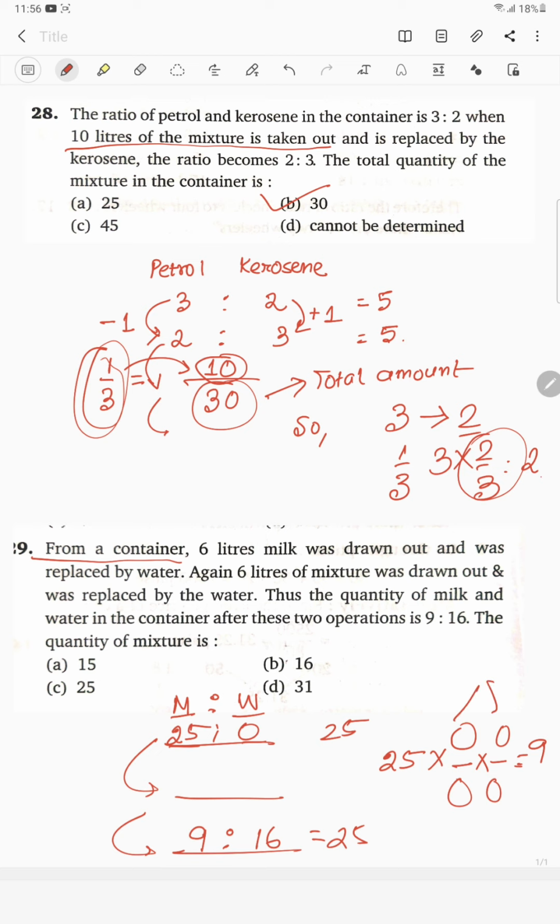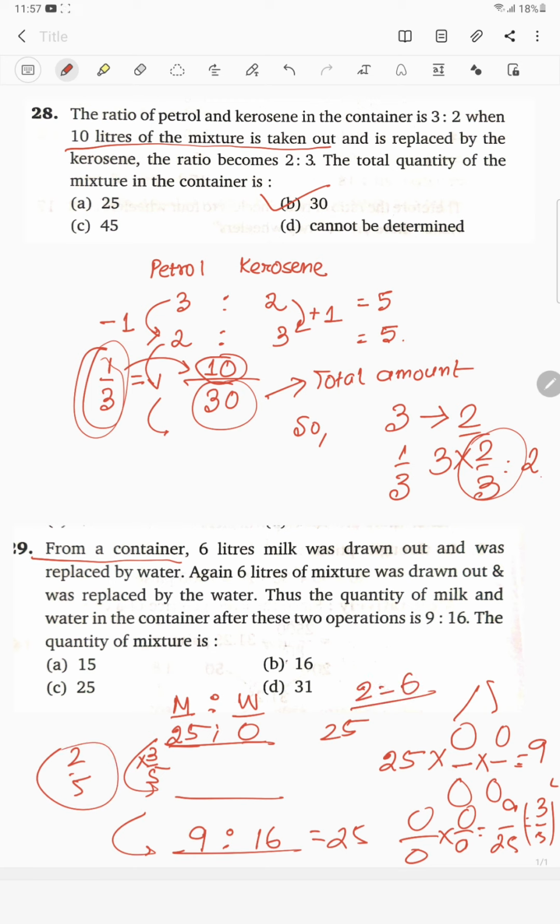And these two fractions are always the same, so this fraction is 9 by 25, or 3 by 5 whole squared. So we know that it's getting multiplied by 3 by 5, so the replacement ratio is 2 by 5, right? So 2 here is 6 liters of mixture that was drawn, so 5 is 15.